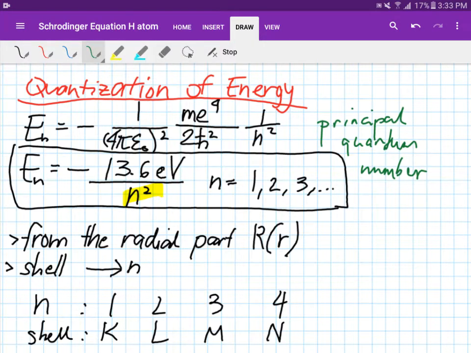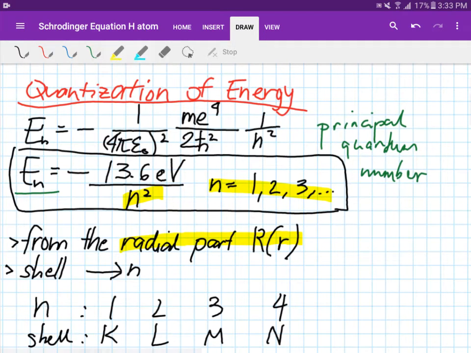It tells the quantized energies associated with the hydrogen atom. It ranges from n equals 1 to 3 and so on. So n arises from the radial part of the solution.